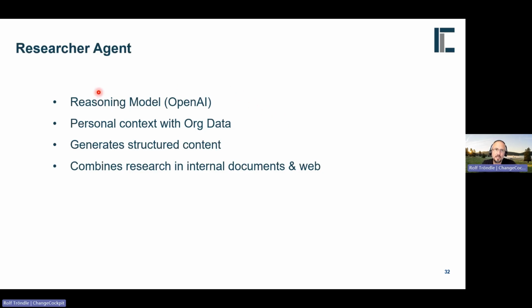That's basically the same as using the Researcher Agent, except that this Researcher Agent also has access to your company data, to your work data. It's personal context with your org data. It generates structured content and combines research in internal documents, but also, if enabled, web search results.